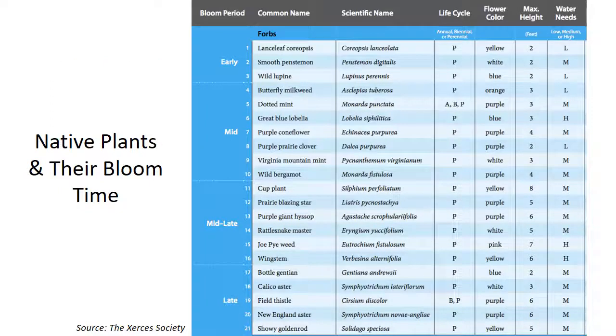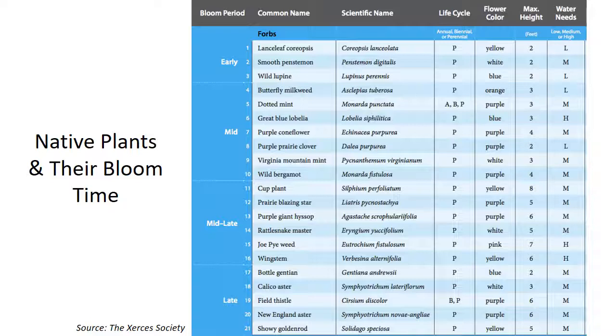So here's a list provided by the Xerces Society on native plants in the Great Lakes area and their bloom time. So you can see what blooms in the early, mid-late, and late season, and the common and scientific name of those plants.